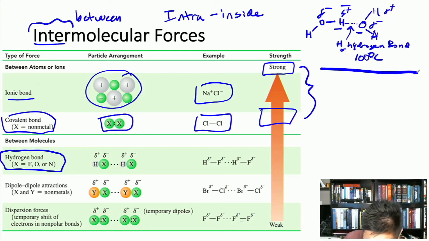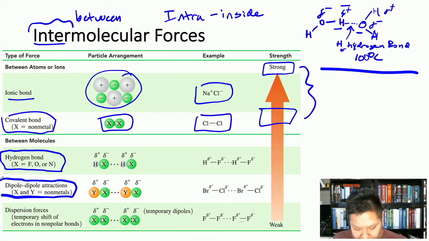All right. So next, let's talk about dipole-dipole interactions. Dipole-dipole interactions are just interactions between two nonmetals that have dipoles, with a partial positive on one side and a partial negative on the other side. An example of this could be the HCl that we talked about earlier, hydrogen chloride, or hydrochloric acid.